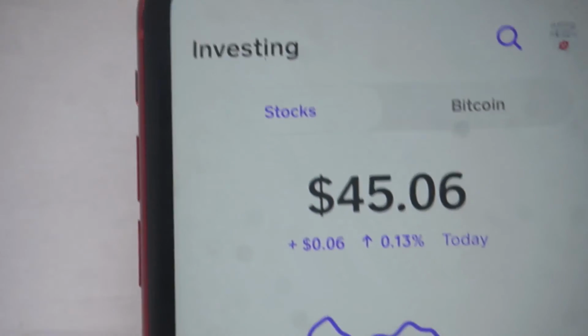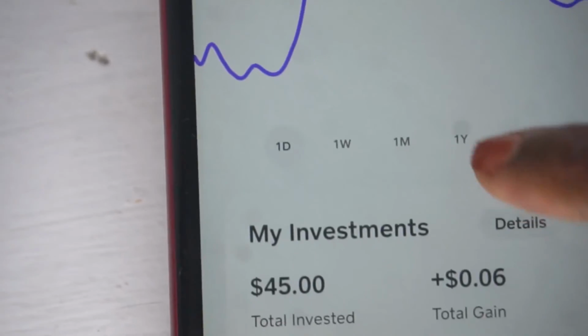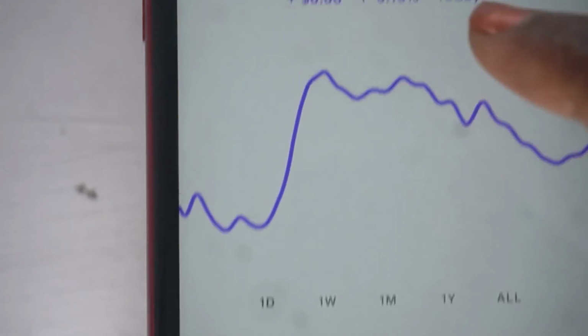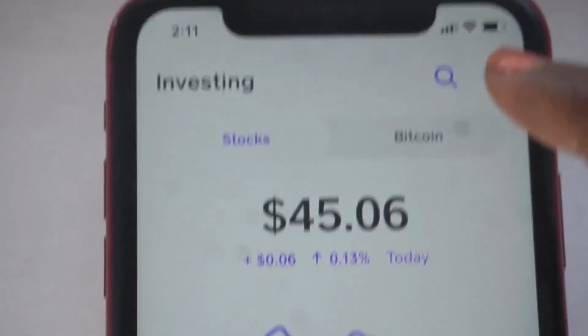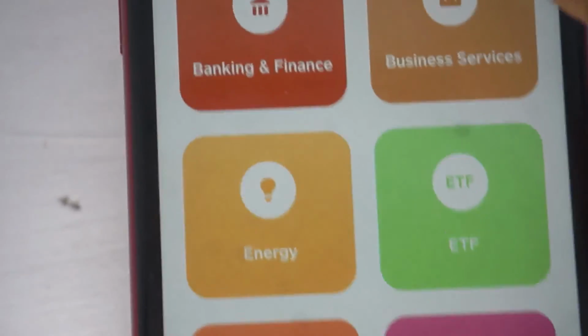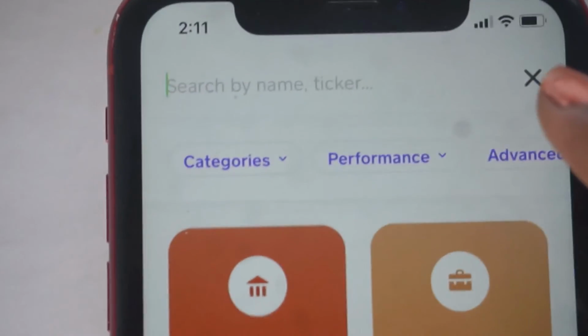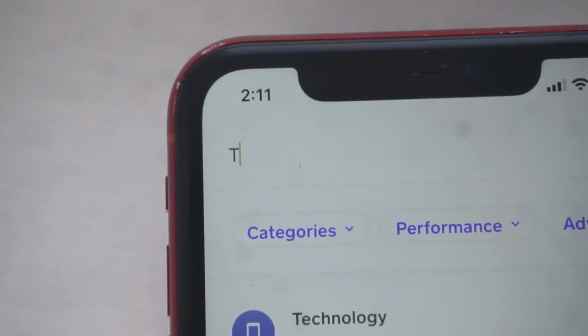If you have a particular stock in mind, because they will give you options on your phone, you can go to your search bar and type in what you would like.